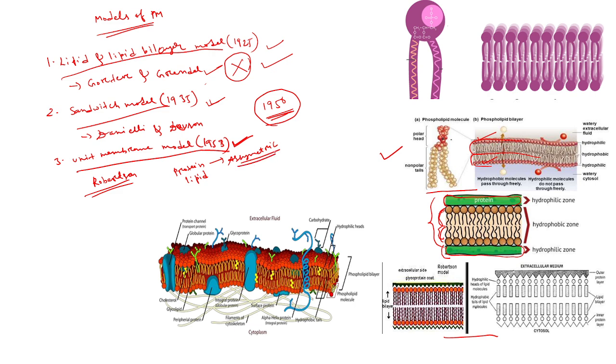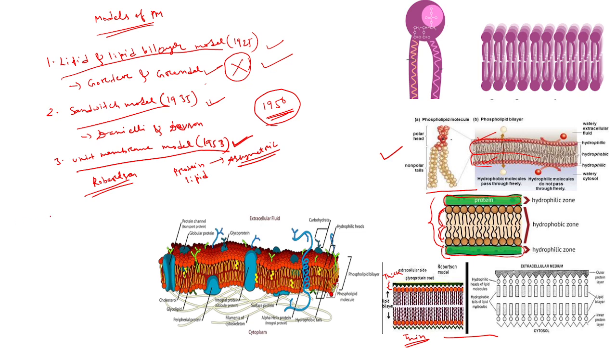That means not the same in both layers. At the outer layer, look at this structure, it is thick, and at the inner layer, this is the thin structure. The thin layer of the protein is present, and inside it the lipid is present according to this model. So that is called the unit membrane model.